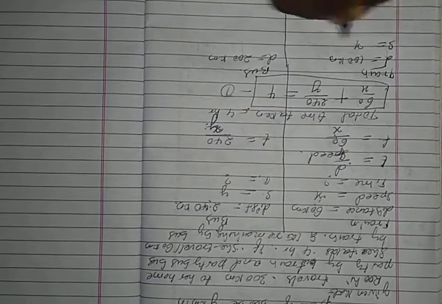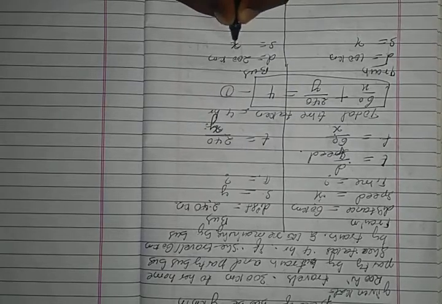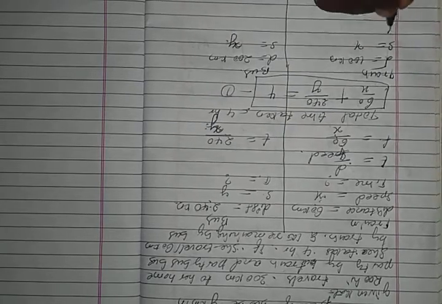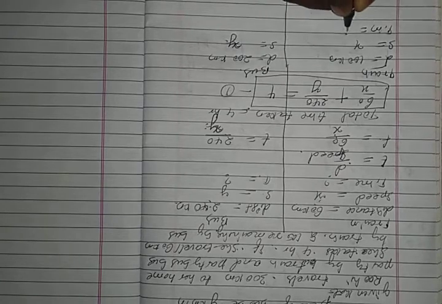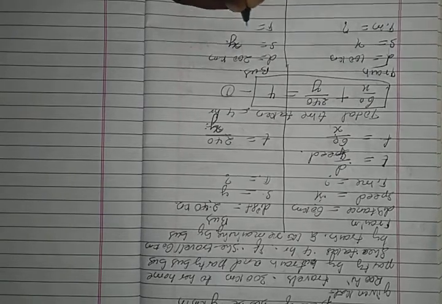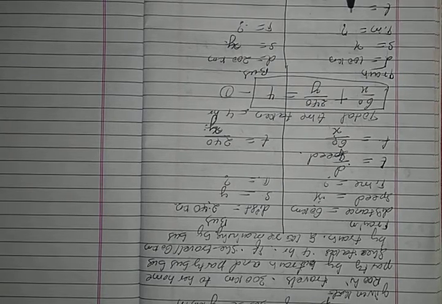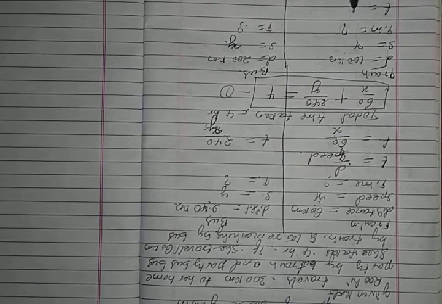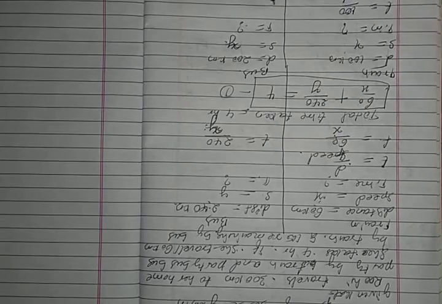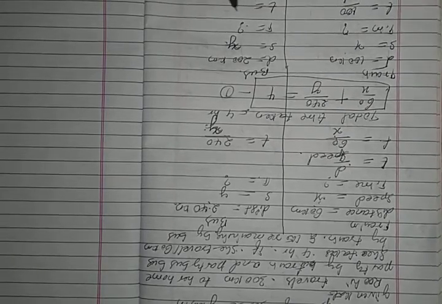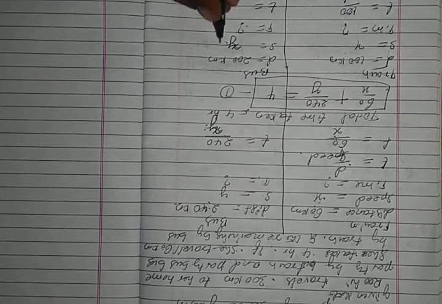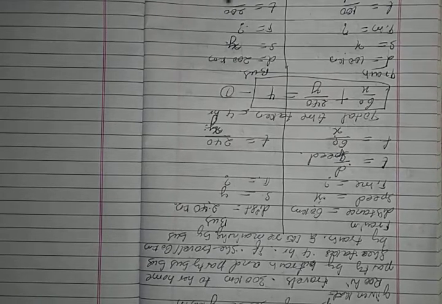The speed is x here, and the speed is y here. Time is question mark here, and here also time is question mark. We know that time is equal to distance divided by speed. So that is 100 divided by x, and here also time t is equal to 200 divided by y.